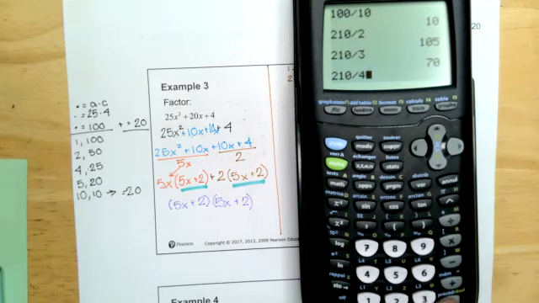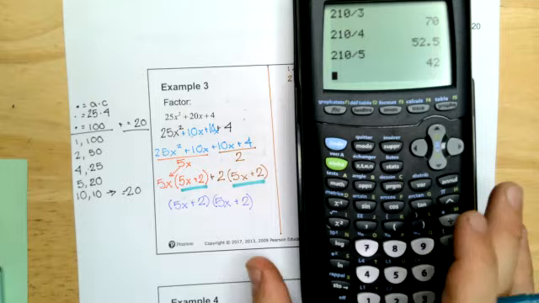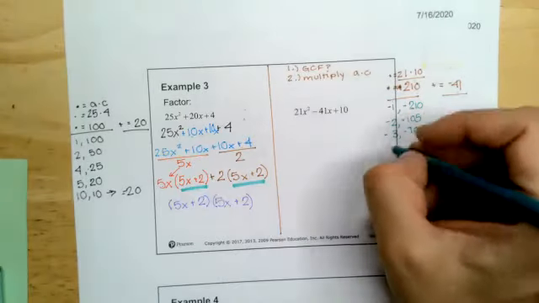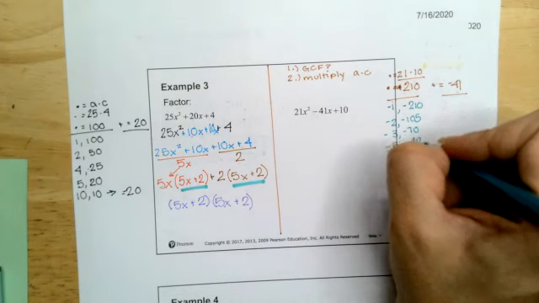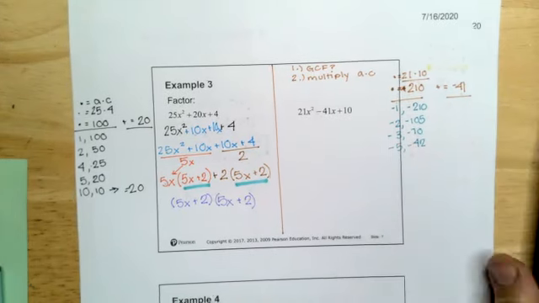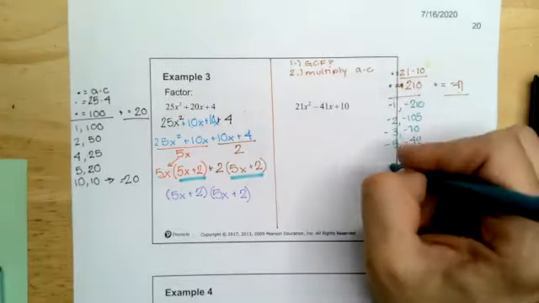210 divided by 4. 210 divided by 5. 42 and 5. Getting close. 42 and 5 is kind of close to 41. 210 divided by 6 is 35.